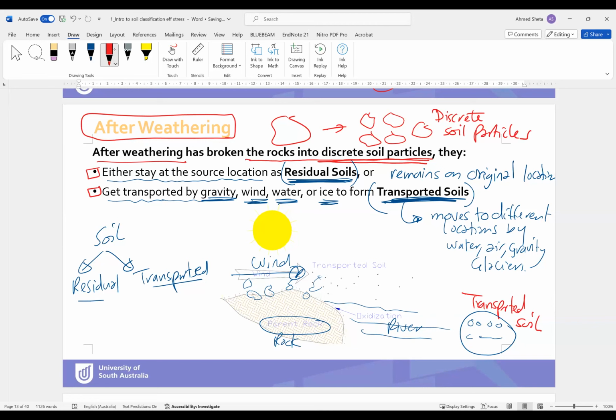So during the ages of time on Earth, like thousands of years, millions of years, this soil has been transported many times and the soil profile changed. That's why when they dig a bore in the soil, they have different layers and different soil types. Okay.